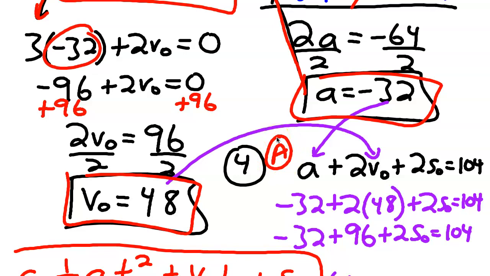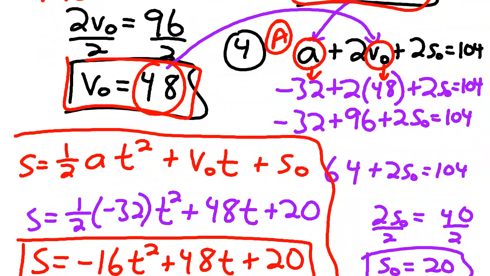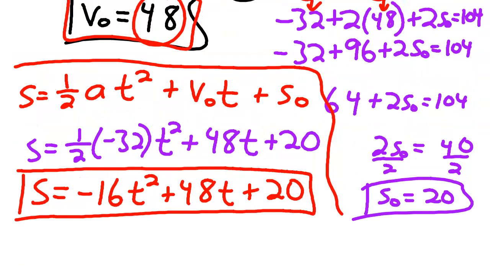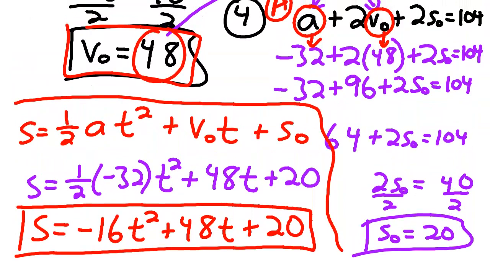So I grabbed equation A. I'm going to plug in -32 for A, for the acceleration, and 48 for v sub 0, which is what I did here. And now I can simplify that and solve it for s sub 0, which is the initial height, right? So you can pause the video to analyze my steps here a little bit closer if you'd like to do that. But there's the work right there, right?